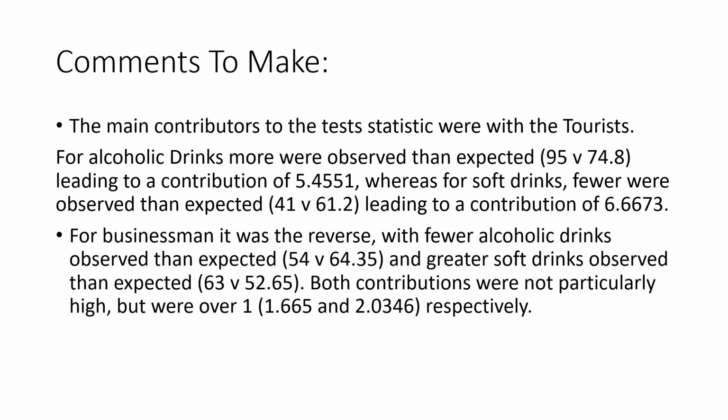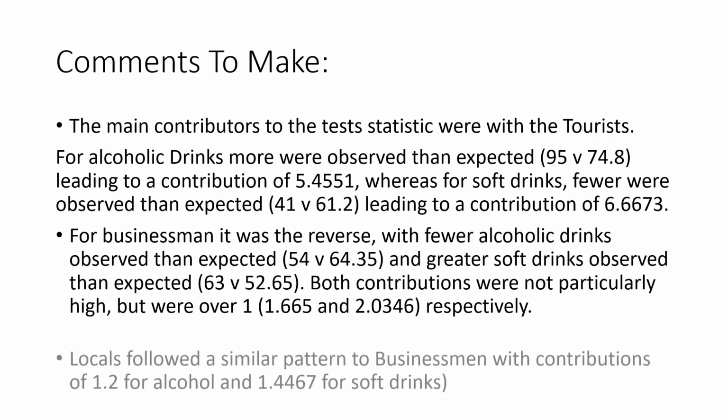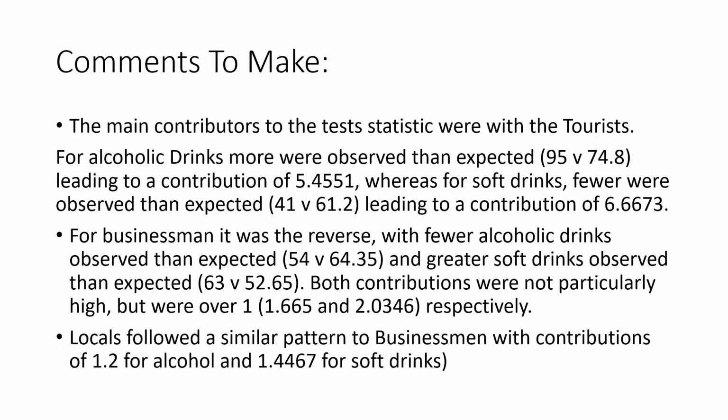And I've done that for all of them. For businessmen, it was the reverse. Fewer alcoholic drinks were observed than expected, but more soft drinks than were expected. And then I've talked about the contributions, and I've said locals followed a similar pattern to businessmen. And see how I've stated all the values here? You have to go with what marks are in the mark scheme.